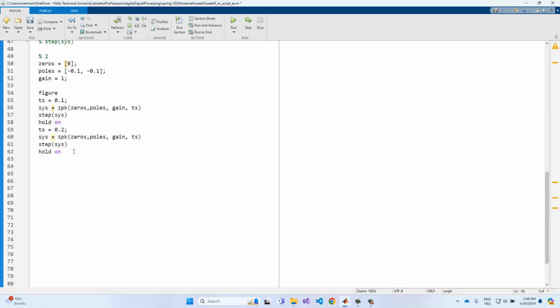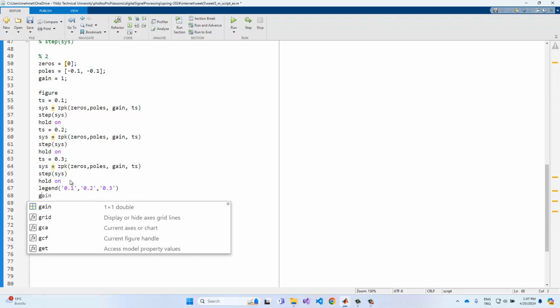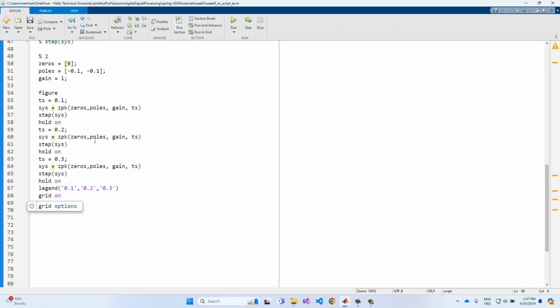Okay, and also we can utilize 0.3. This is the sampling rate of our algorithm or the microcontroller structure. Okay, and so we can give the legend value in here just like this one, the legend 0.1, 0.2, and 0.3. Okay, and also we can open the grid in here.